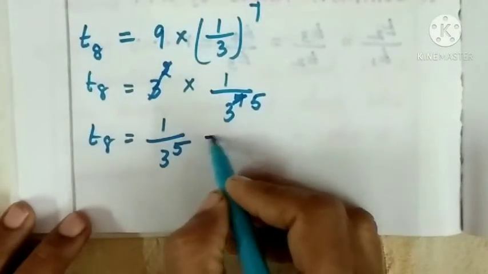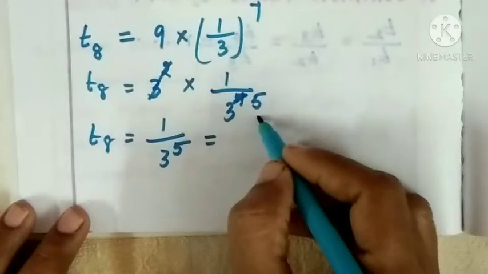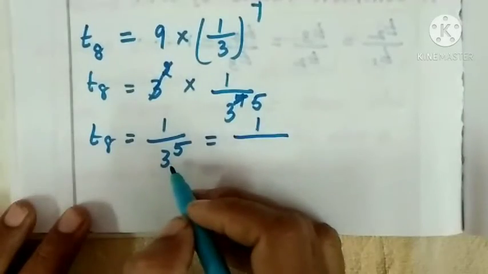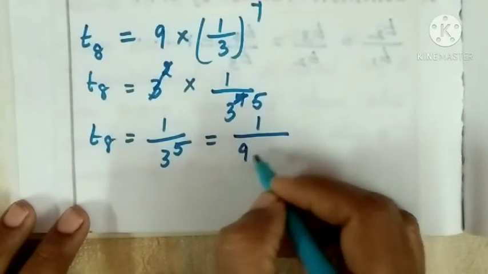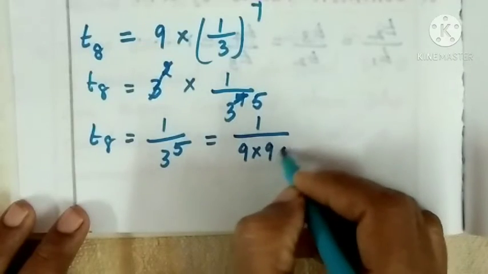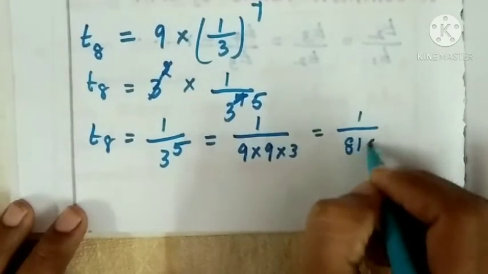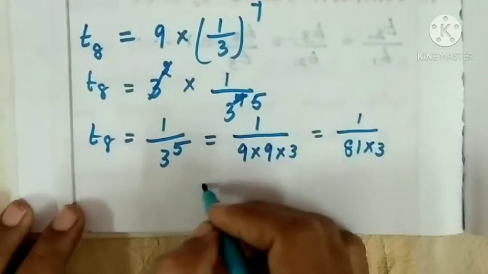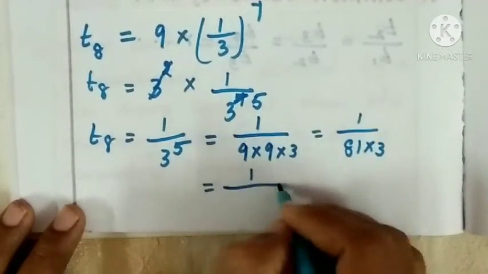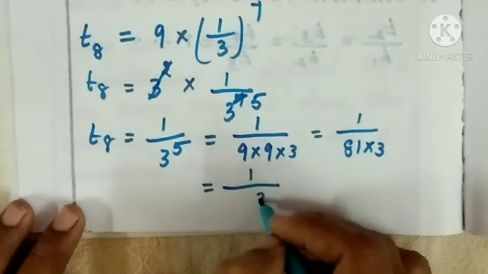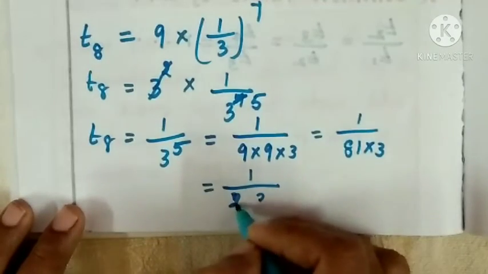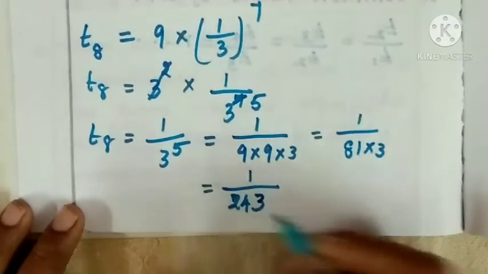Now you have to simplify this, means we get 1 by 3 squared, 9, again 3 squared 9 into 3, which is equal to 1 by 81 into 3. Now you have to multiply this, means we get 243.